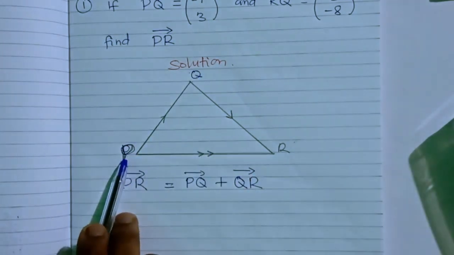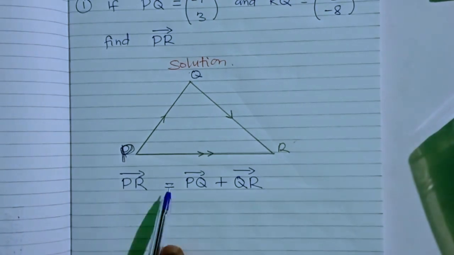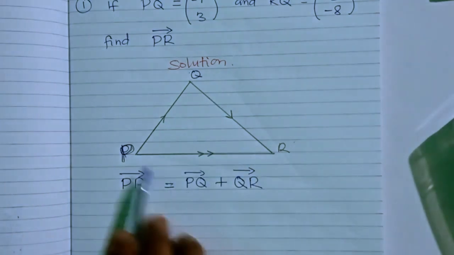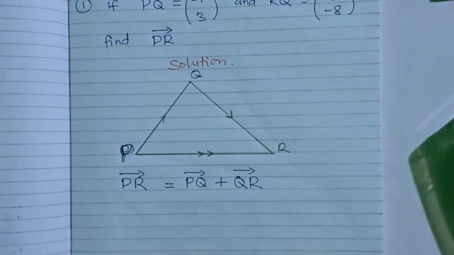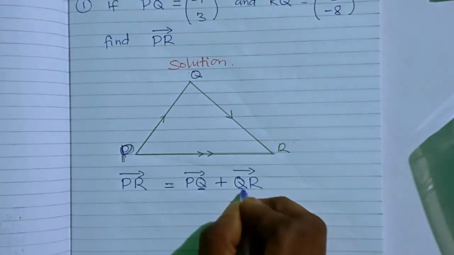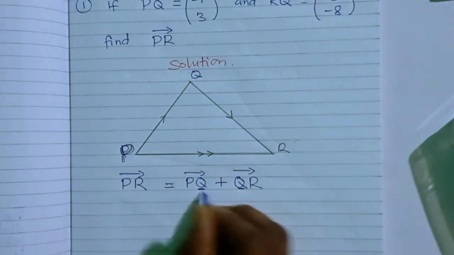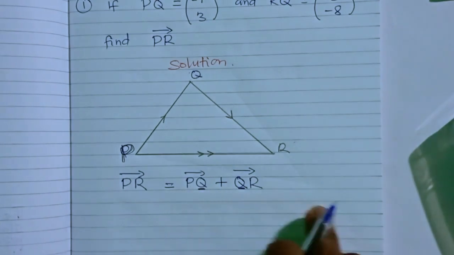If I'm looking for PR, vector PR will be equal to vector PQ, then I'll move from PQ to QR. So always make sure that what ends here will be what starts here, so you have common alphabets in the middle. So PR is equal to PQ plus QR.